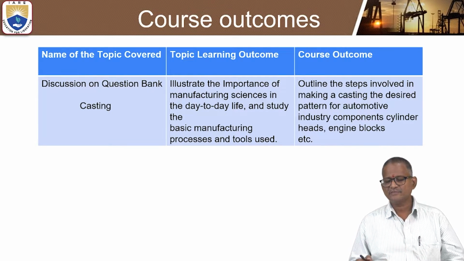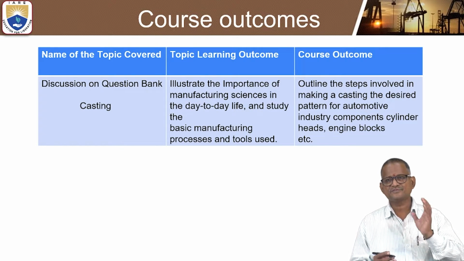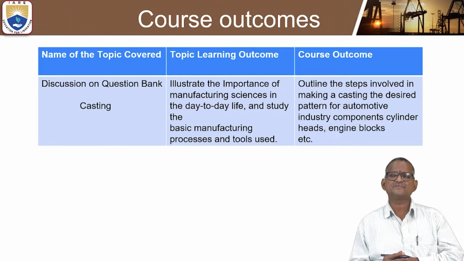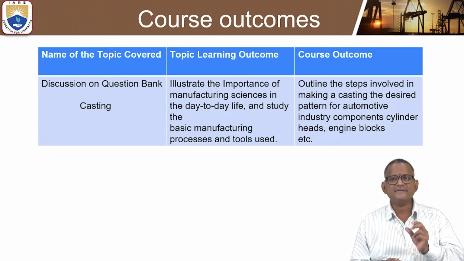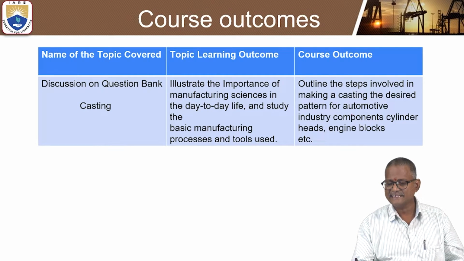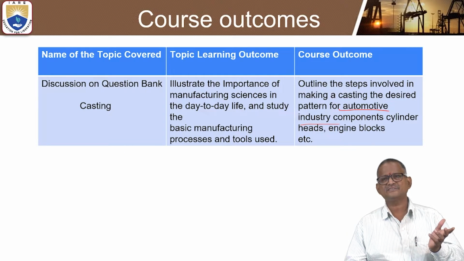Okay. And the main important thing is after completion of this manufacturing process course, the main outline, the steps involved in making a casting, the desired pattern for an automotive industry. Not only the automotive industry, but also the aeronautical industry or domestic items and industrial components.